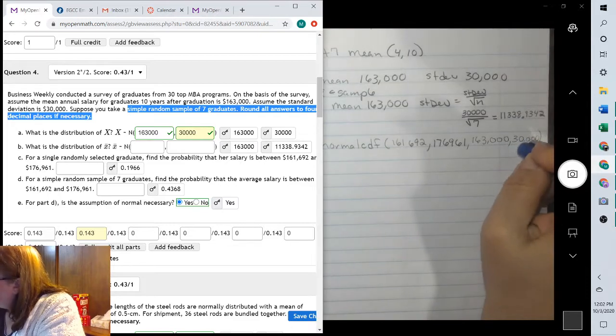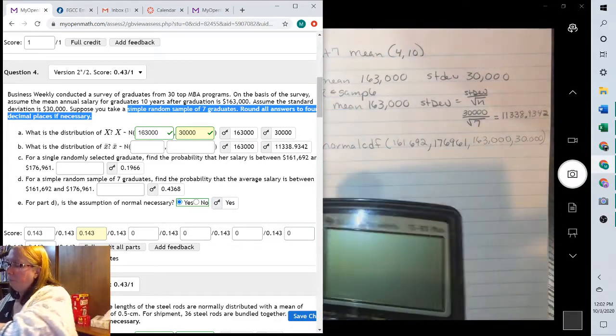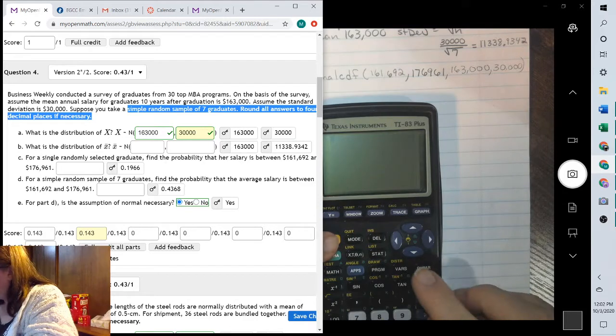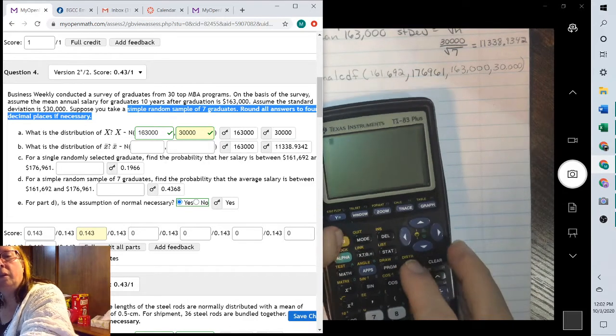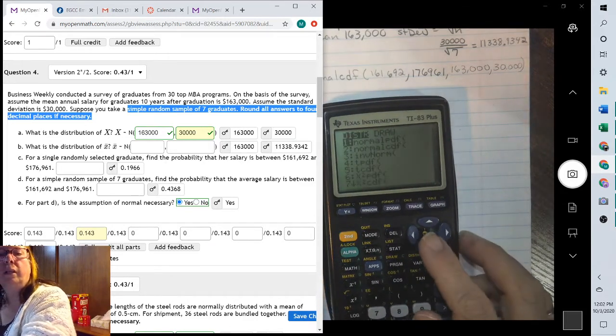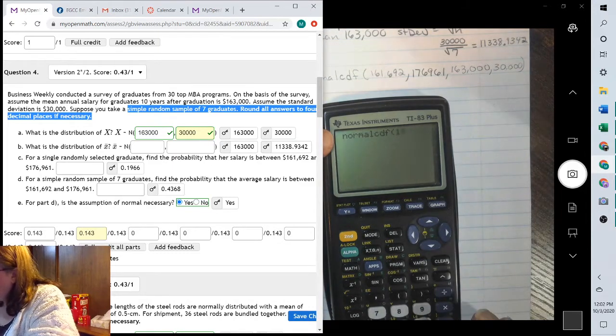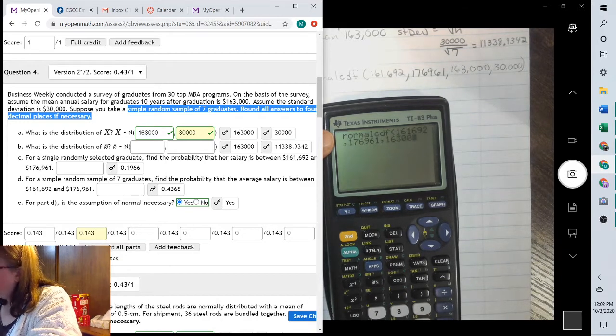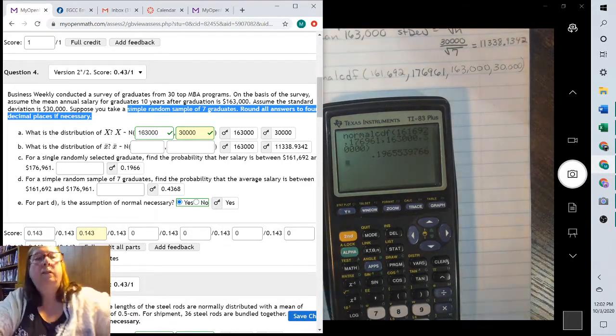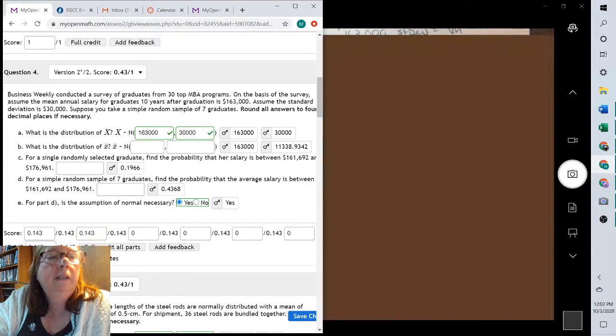Don't put the comma on the number. So if we go under distribution, second and distribute, and it's the second one down, and then you put 161692, comma, 176961, comma, 163123, and the 30,000. And you get their answer right here.